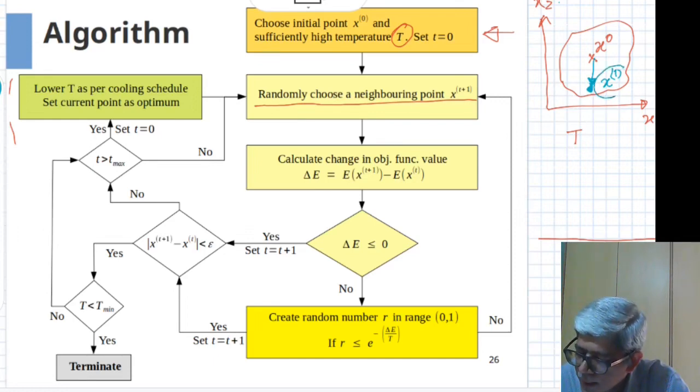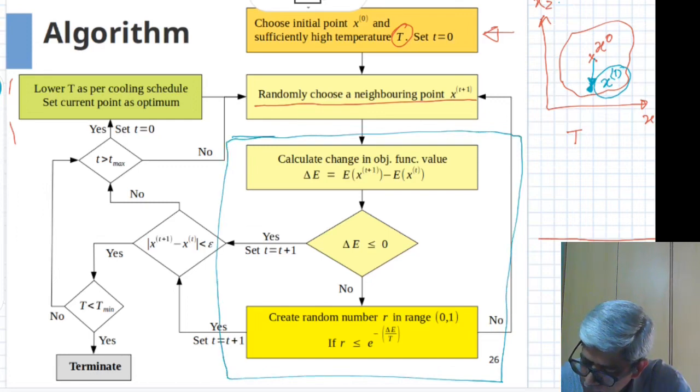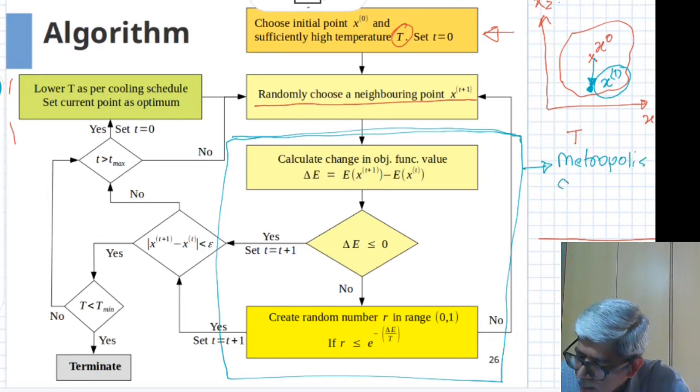Once you have decided this second point, we have to decide whether this randomly chosen point is acceptable or not acceptable. That is what is done in the loop which is shown here. This loop decides whether to accept this point or to reject this point. It is done as per the criteria which is known as the Metropolis criteria. It is named after the researcher who developed this criteria.